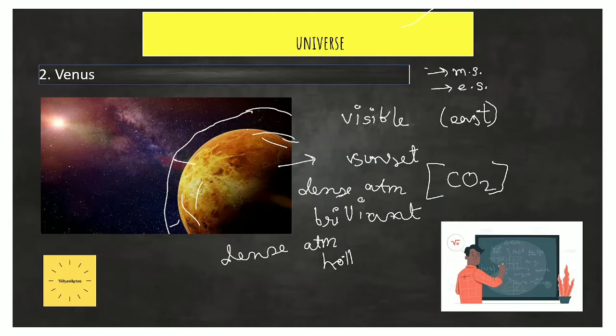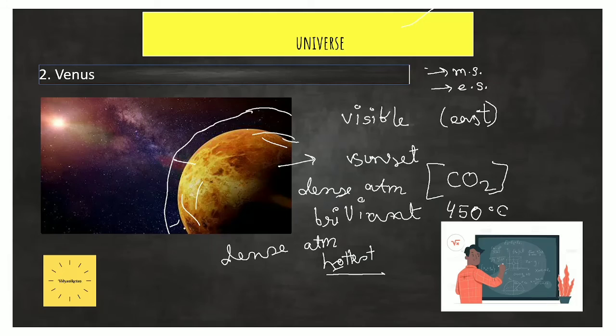If in the exam they ask what is the hottest planet in the solar system, we will write Venus. The temperature of Venus is on average about 450 degrees Celsius. It's very hot. And then we move on to the next features of Venus.